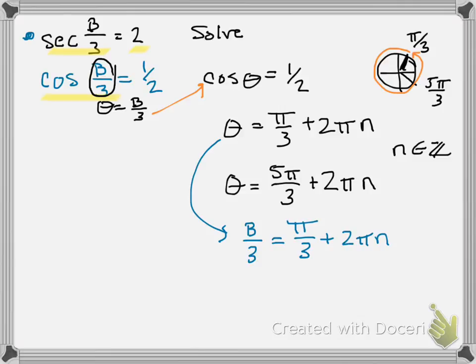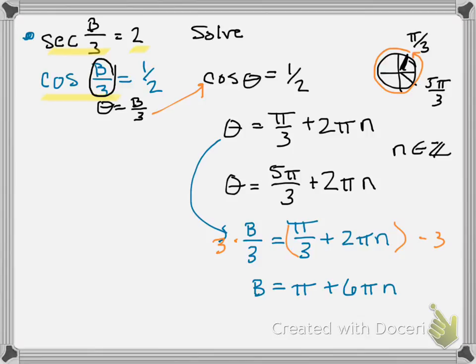If I want to get b by itself, I'm just going to multiply both sides by 3. And so that would leave me with b equals, well, that 3 gets distributed, so pi over 3 times 3 would be pi, and then 2 pi n times 3 would be 6 pi n.